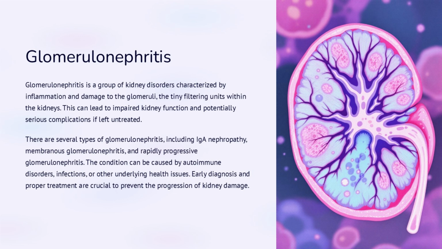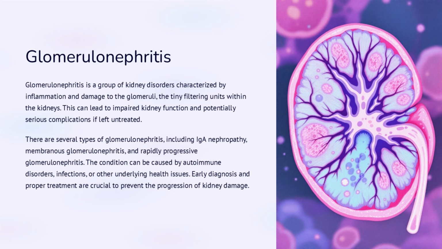Glomerulonephritis is a group of kidney disorders characterized by inflammation and damage to the glomeruli, the tiny filtering units within the kidneys. This condition can lead to impaired kidney function and potentially serious complications if left untreated. There are several types of glomerulonephritis, including IgA nephropathy, membranous glomerulonephritis, and rapidly progressive glomerulonephritis.